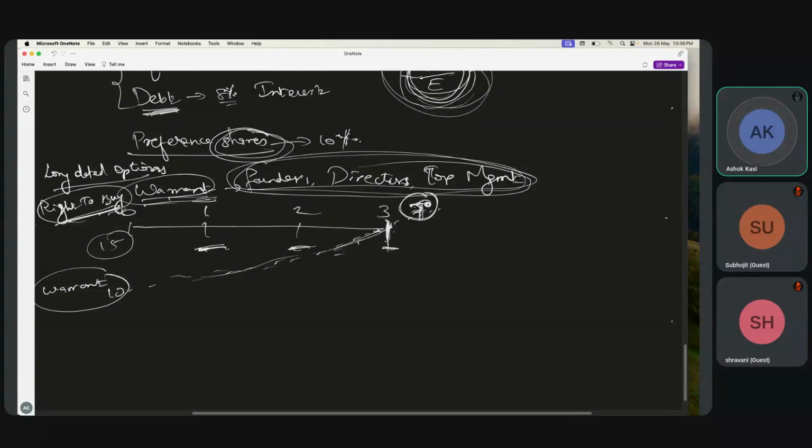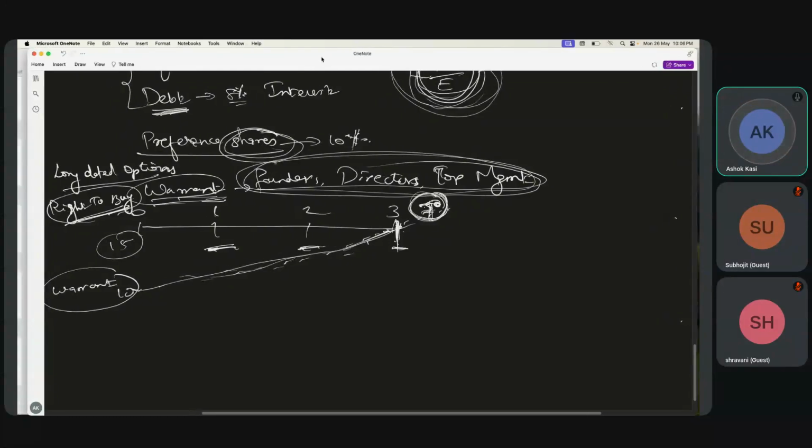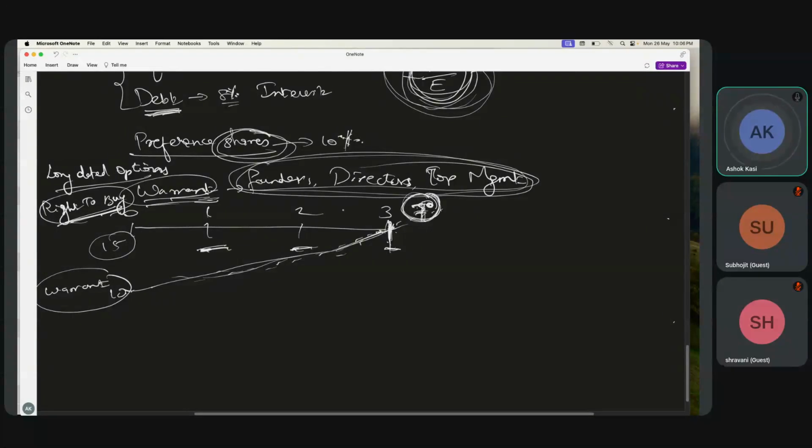It is like, imagine yourself going to some mall and you are getting a voucher. That voucher is giving you the right for some discount, or the right to get one free and all that. Similarly here, this warrant is giving them the right to buy shares. So they will convert, and then they are getting shares worth 70 rupees. So that is the benefit for them, warrant. This is how warrant works.